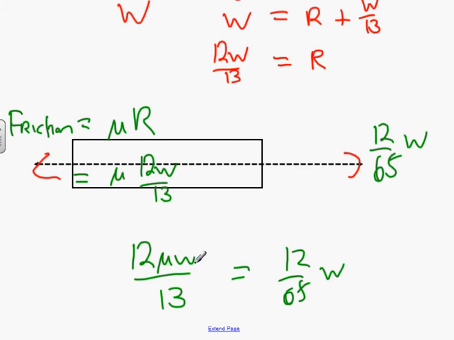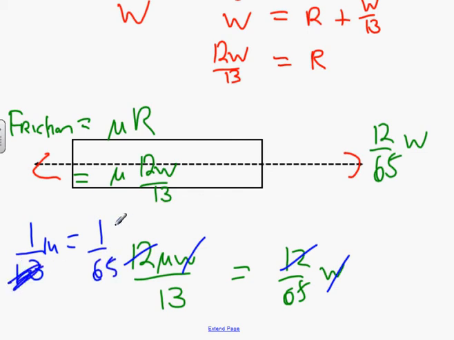W's will cancel. 12's will cancel. So we're just going to have 1/13 mu equals 1 over 65. Bring the 13 upwards. 13 over 65, anybody? 1 over 5. So mu is 1 over 5.